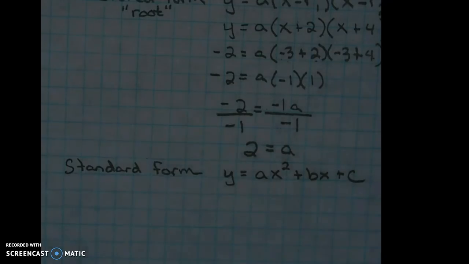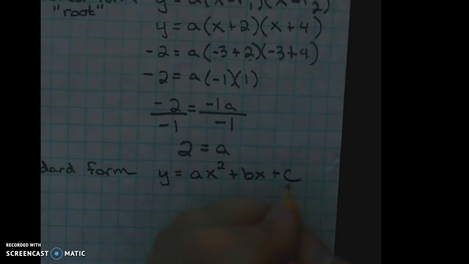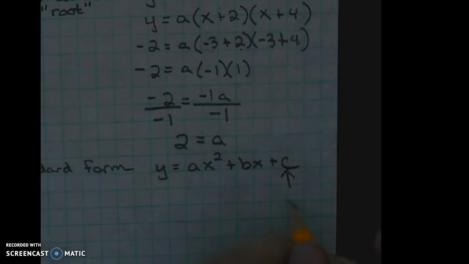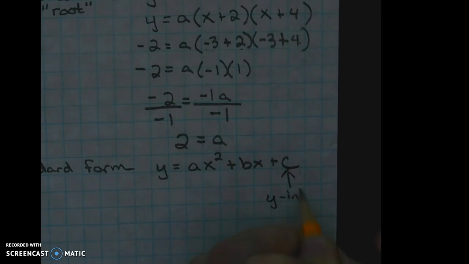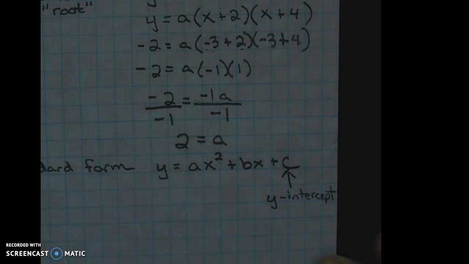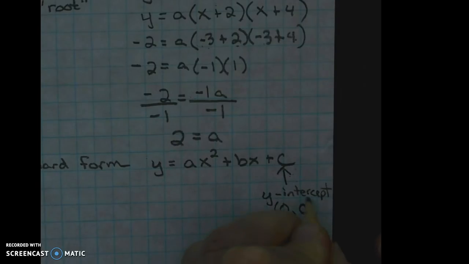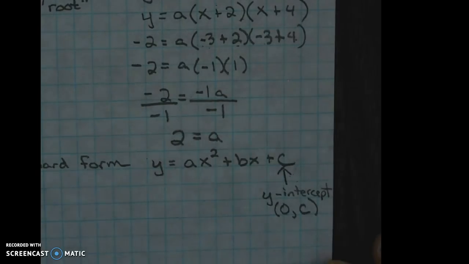Something unique about standard form is that it gives us this value here, which is going to be your y-intercept. Most of this should be review from Algebra 1, hopefully anyway. And so we would write that intercept like this, whatever that value is.